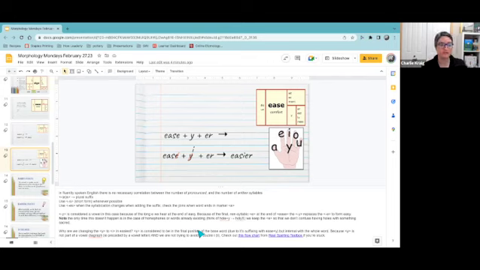So this could be one of those situations where you introduce this suffixing convention to your students and then ask them to go out and see if they can find other examples where the base of the word may have ended in a Y, and now we've made a change and the Y is now an I as we've added another suffix on.